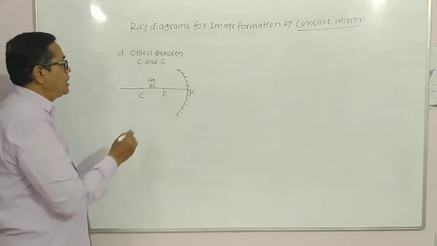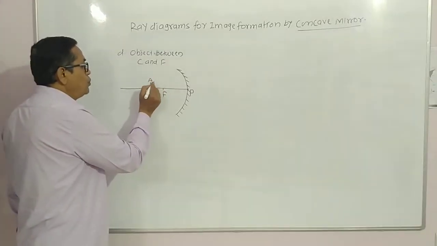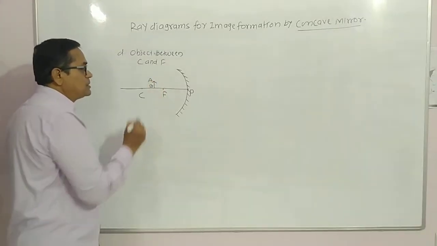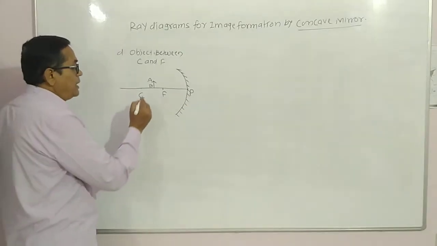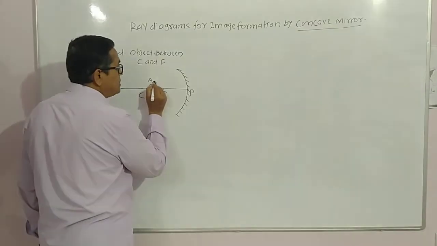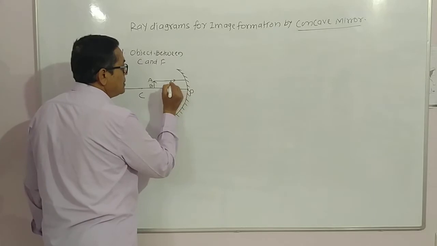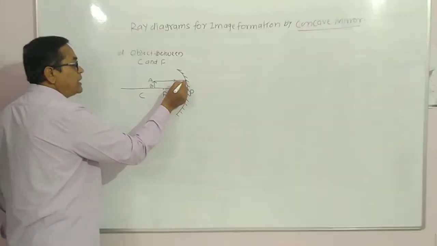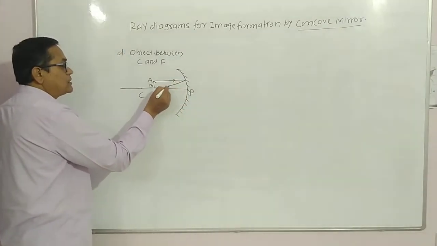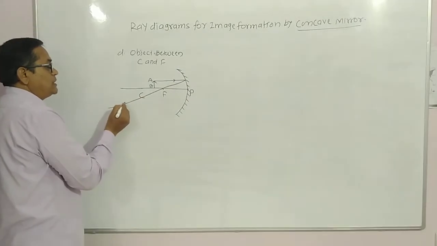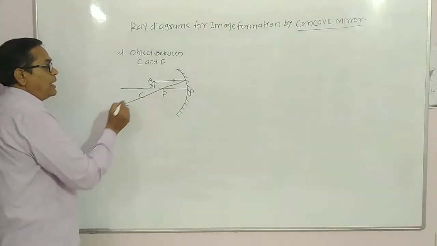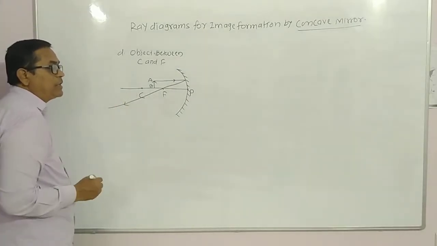Here we use rule number 1. Light ray parallel to principal axis, then the reflected ray passes through the focus in this way. And then we use rule number 3.